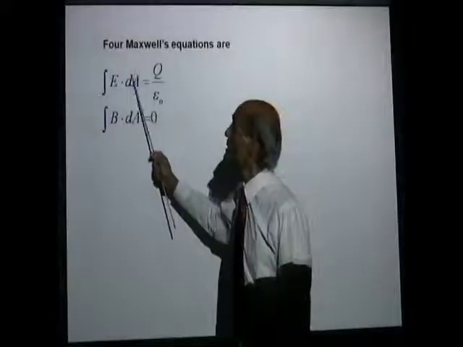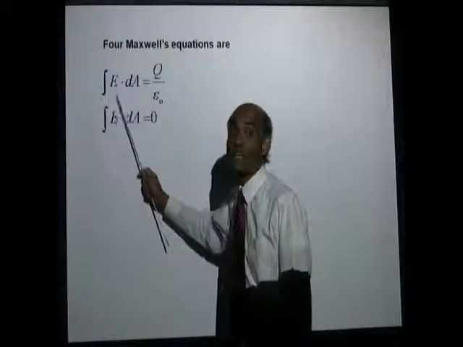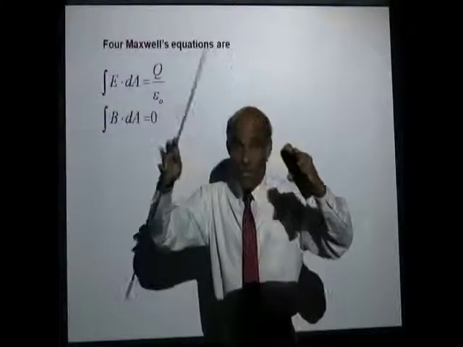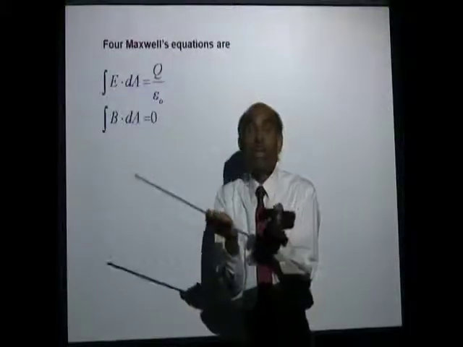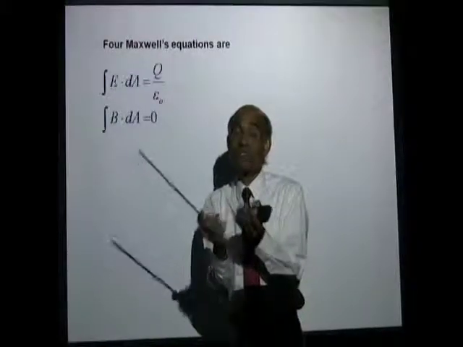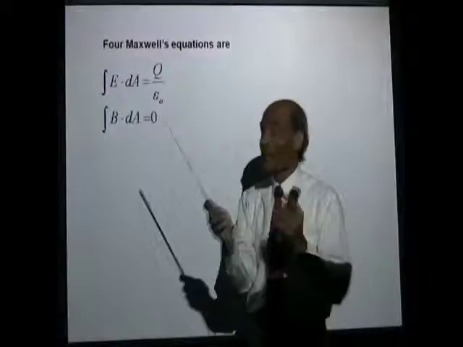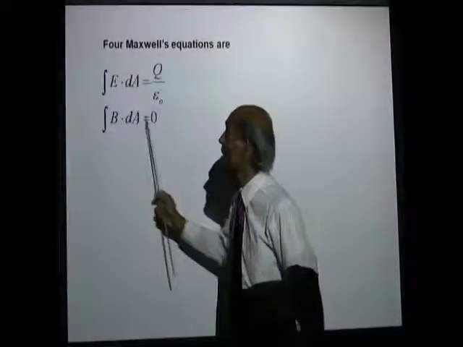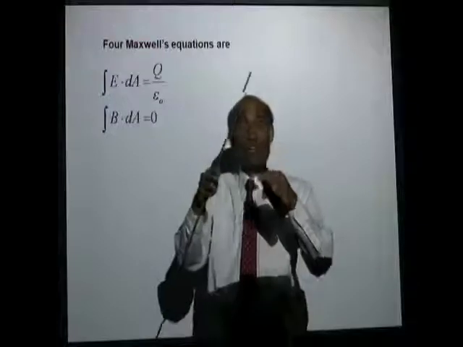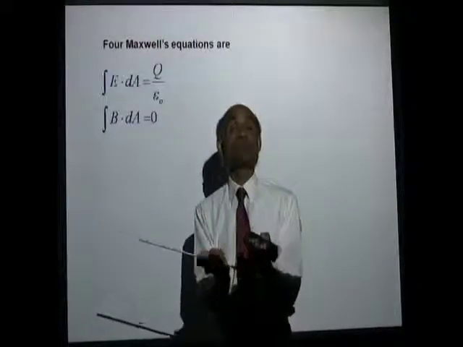And a similar equation for magnetic field is, the net magnetic flux that crosses any surface is equal to 0 because it cannot enclose any magnetic monopoles.